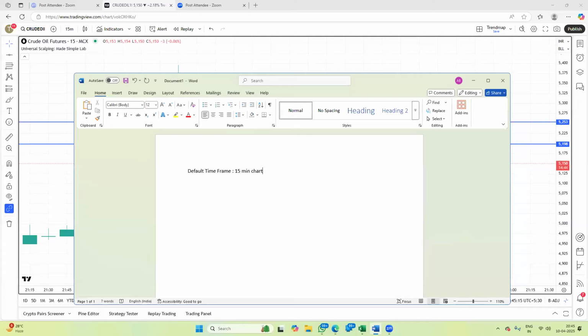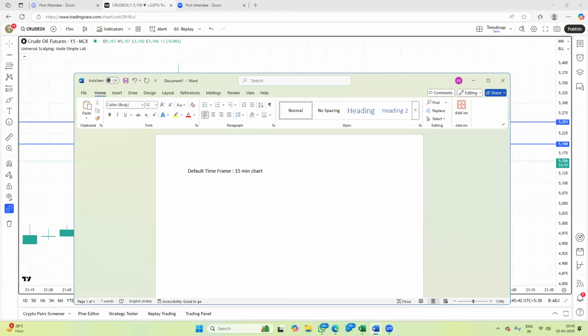Here, there is no mandatory rule that you have to trade on 15 minutes. You can trade 5 minute, 10 minute, 4 hour, daily, whatever you want. Just one thing we need to understand: if we use a smaller time frame, the risk will be lower, the reward will be lower, and we will get more trades.